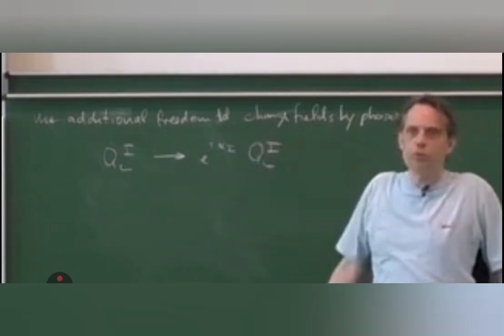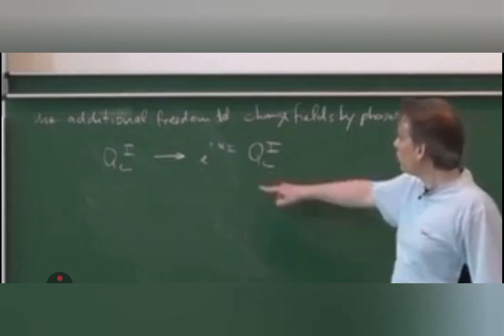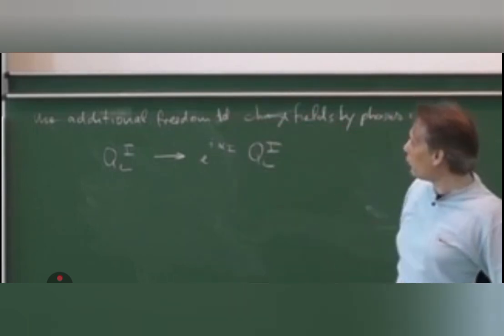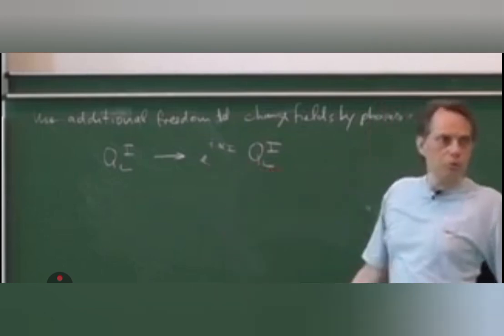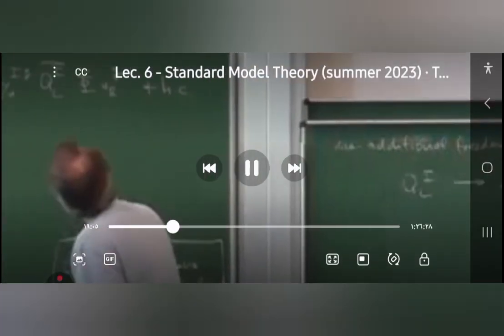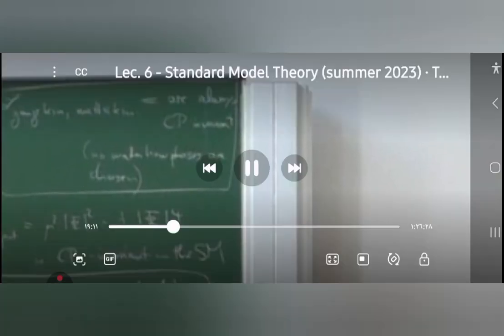Because typically the complex phases of these operators do not matter. But how does the Lagrangian change if we replace our field by a new field which has such a phase? Then, again, all these simple terms like kinetic terms and so on in the Lagrangian, they do not change at all because the phase drops out between Q dagger and Q.